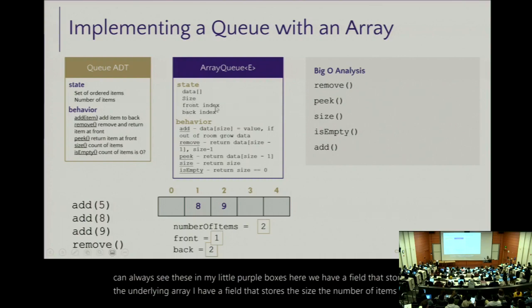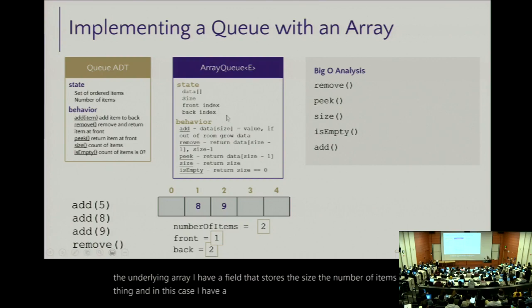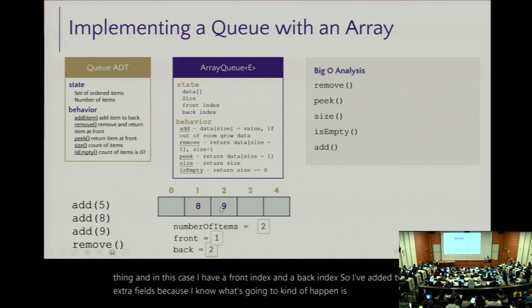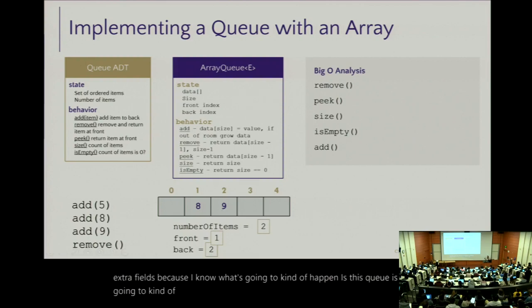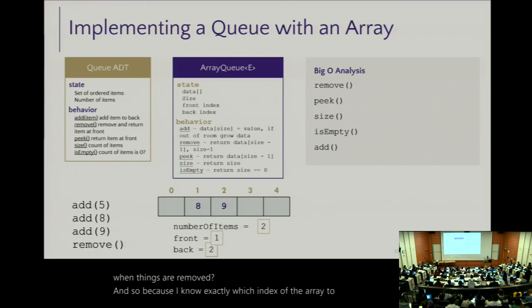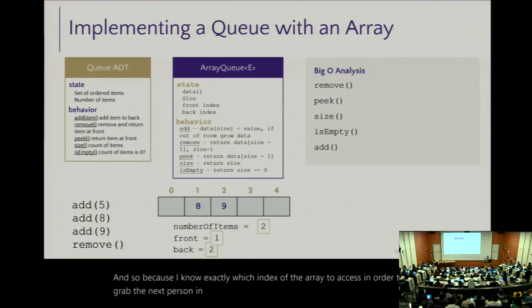And in this case, I have a front index and a back index. So I've added 2 extra fields because I know this queue is going to shift about within this array based on when things are added and when things are removed. And because I know exactly which index of the array to access in order to grab the next person in line, I don't have to go looking for it.